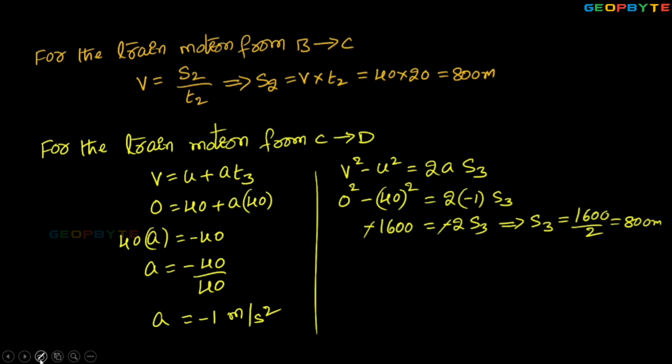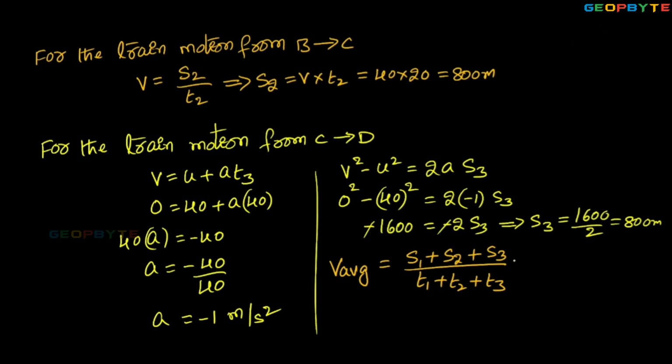Therefore, the average velocity V average equal to total distance S1 plus S2 plus S3 divided by total time taken, T1 plus T2 plus T3.